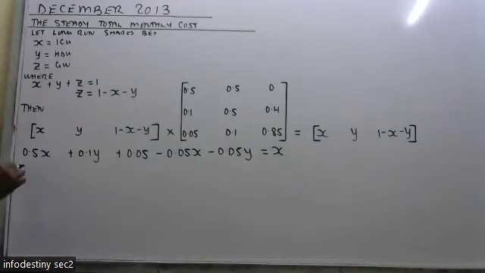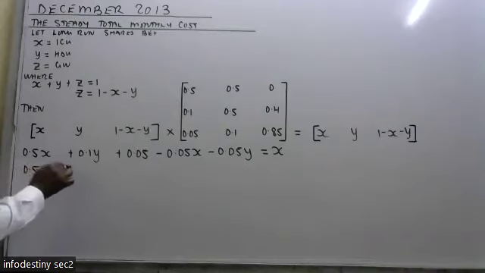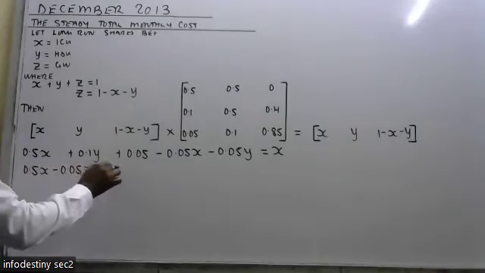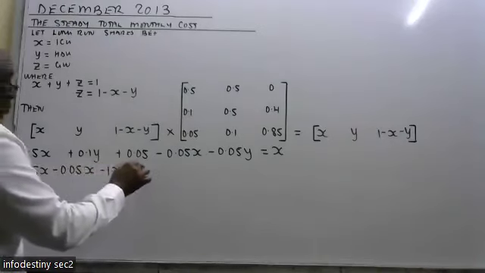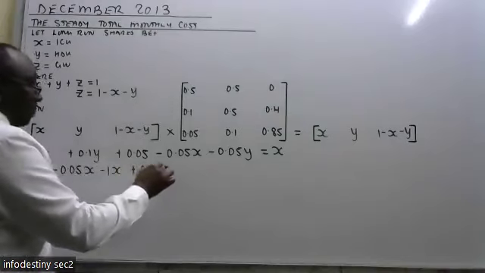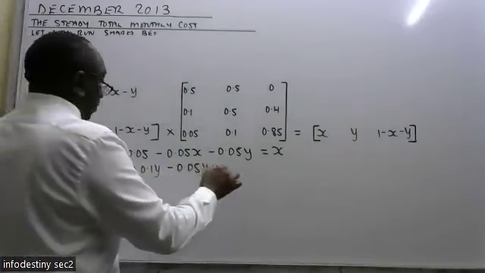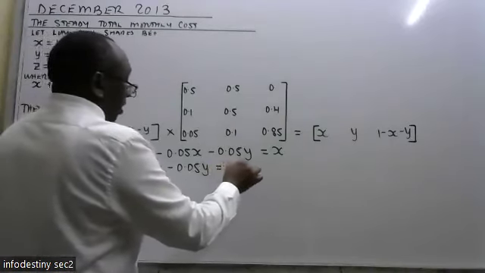So putting like terms together, we have 0.5x minus 0.05x minus 1x plus 0.1y minus 0.05y is equal to minus 0.05.